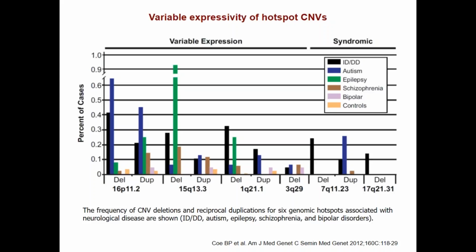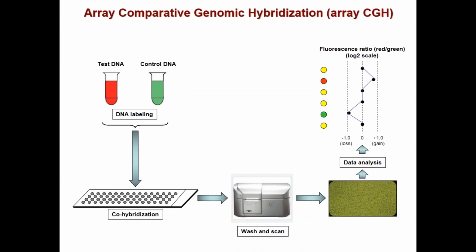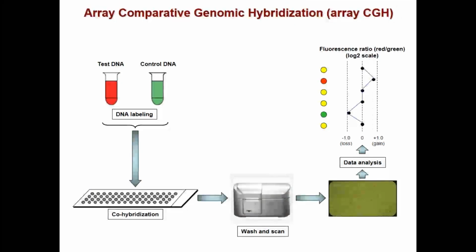So for example, here this is chromosome 16, p11.2. 16 is the chromosome, p is the short arm, 11 is the region, the band, and .2 is the subband. So this is a deletion or a duplication in this region of chromosome 16. It's called 16p11.2. This would be 15q13.3.